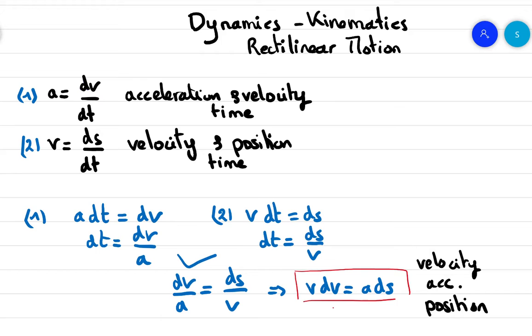Now, with those three formulas, let me write the three formulas again, because I will switch to the right. So we have a equals dv divided by dt, v equals ds divided by dt, and the last one is v dv equals a ds.